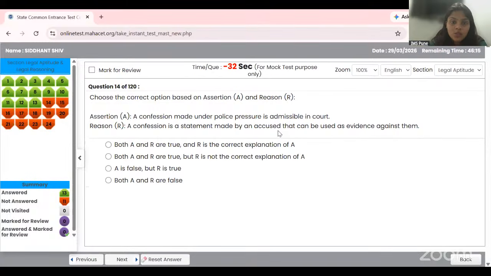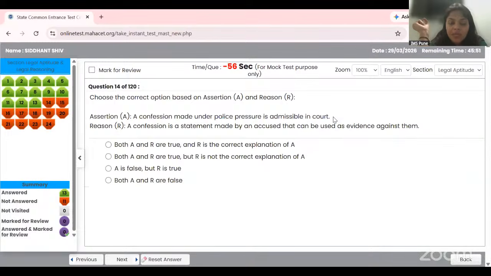Let us look at the assertion here. It is saying that confession made under police pressure is admissible, but we know that it is not admissible. Here, again, to test whether the assertion is true or reason is true, some basic legal concept is required. So, I will emphasize again that for MH-CET exam, please focus upon reading some basic concepts.